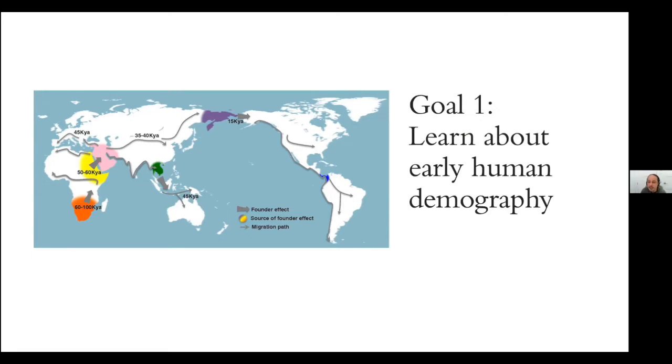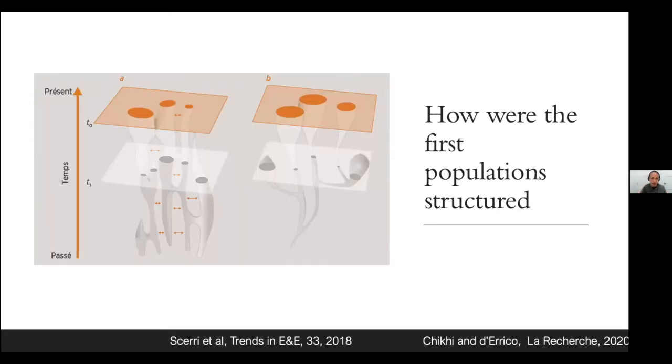Okay. And so I'll pretend we started with this problem of learning about early human history. And there's been a lot of discussion in the genetics and anthropological world about how we should even try to model populations. And so this is a slide from a couple of papers by Lahr, Scerri and collaborators, where they considered the present at the top here.